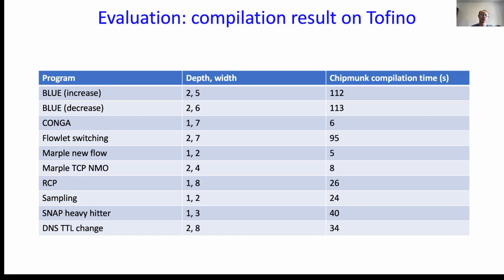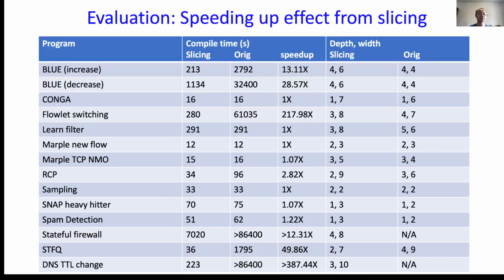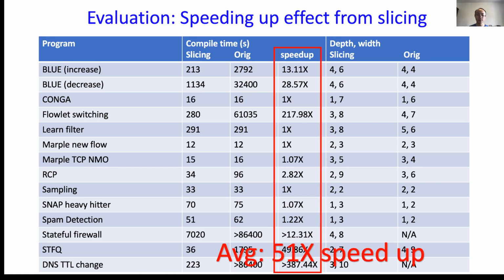We guess their functionality cannot be expressed by the given Tofino switch, but we haven't theoretically proved it. As for the spin-off effect from slicing, we divide our original time by the slicing time and get the speedup number. On average, we get 51 times speedup from the slicing algorithm.